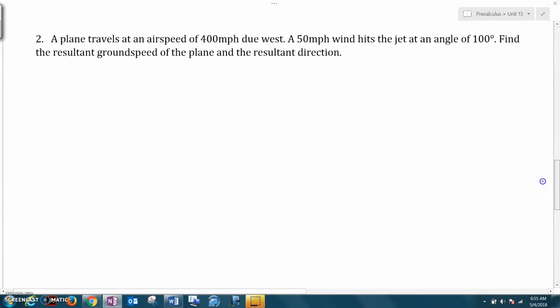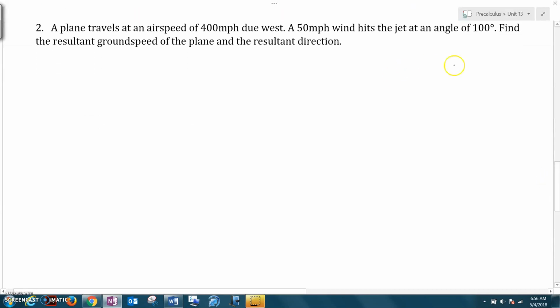We can also do this with planes. A plane travels, so it's always good to mark these just to see what they look like, at an airspeed of 400 miles per hour due west. So that's that way. You should be able to tell me the vector for the airplane by looking at it.